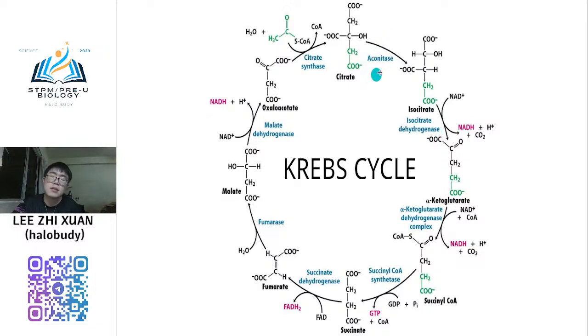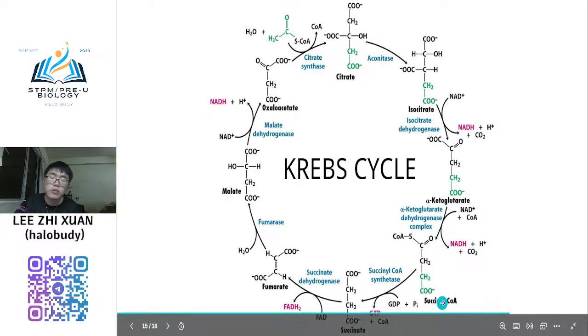After that, citrate will be isomerized to form isocitrate, and the enzyme used is aconitase. Isocitrate undergoes oxidative decarboxylation to form alpha ketoglutarate. Then the same reaction also forms succinyl CoA.